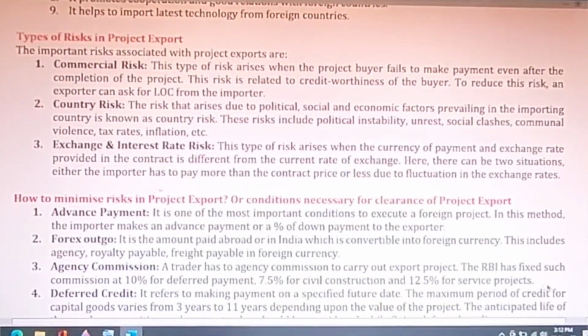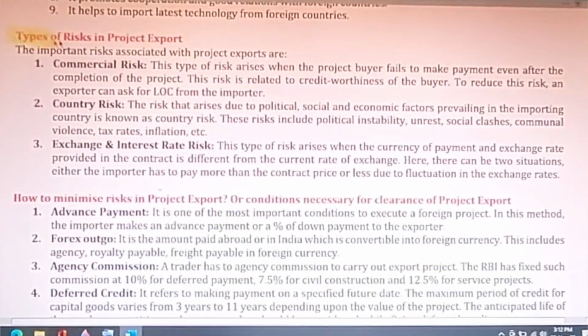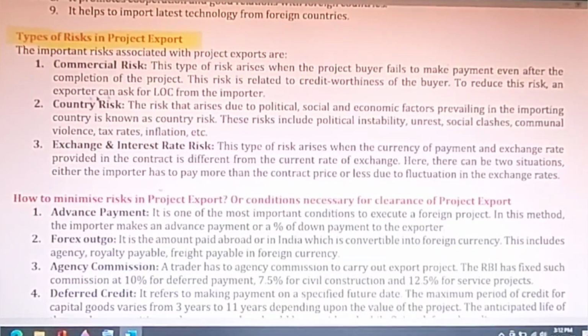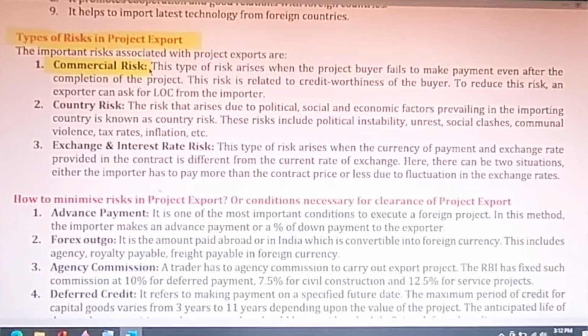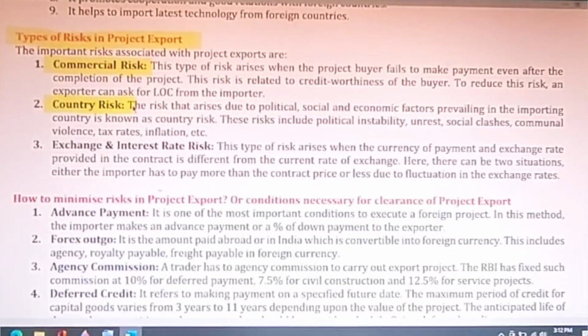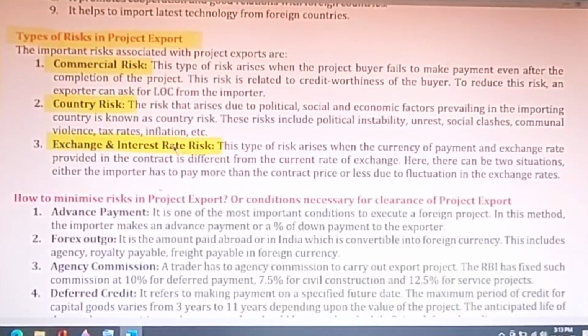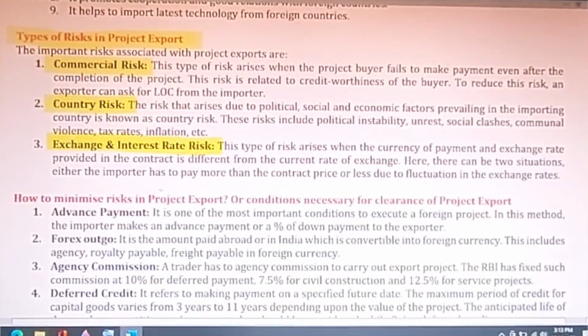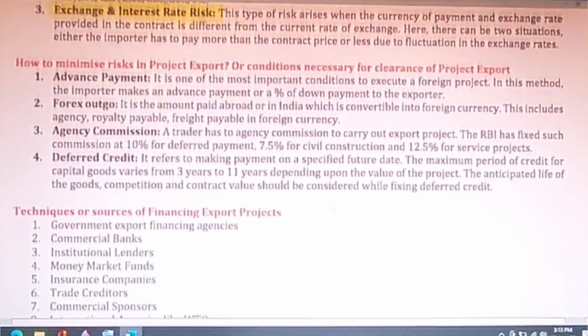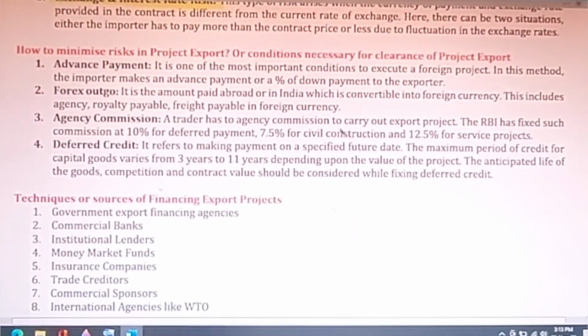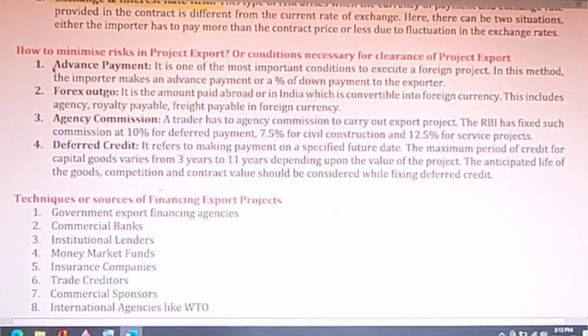And this one is the different types of risk associated with project export. The first one is commercial risk, related to the trading activities. Then country risk more or less refers to the social and political risk, and exchange and interest rate risk, because it fluctuates quite many times. Then this risk can be minimized by these four methods.